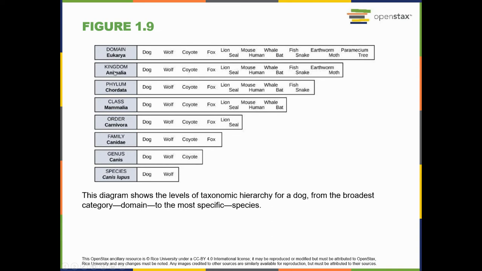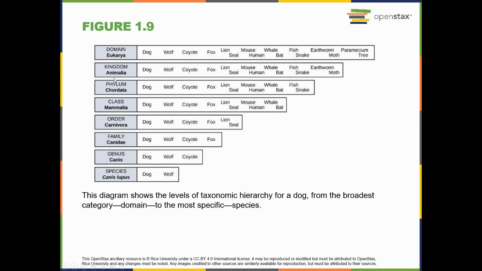And what they're trying to show you here is that on the top rung, on the domain, you have all these organisms. But then the paramecium and the tree, so then you take a selection of these that are still the animalia, but the paramecium and the tree, they're not part of the animalia. You can go think about what they are part of. What are the paramecium and the tree part of? We'll talk about that later.